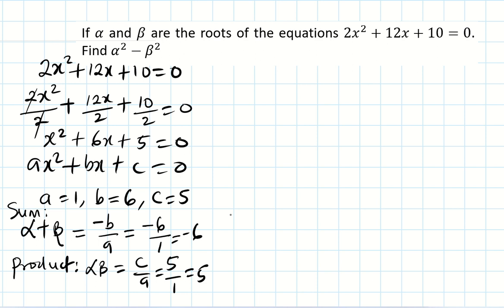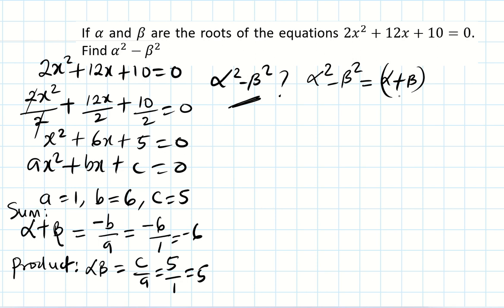Now, our aim is to find alpha squared minus beta squared. So let's expand. This is a difference of two squares. So alpha squared minus beta squared is equal to alpha plus beta, alpha minus beta.